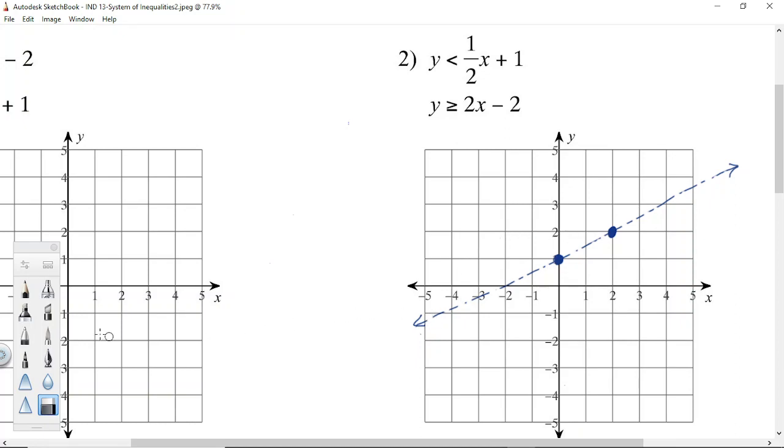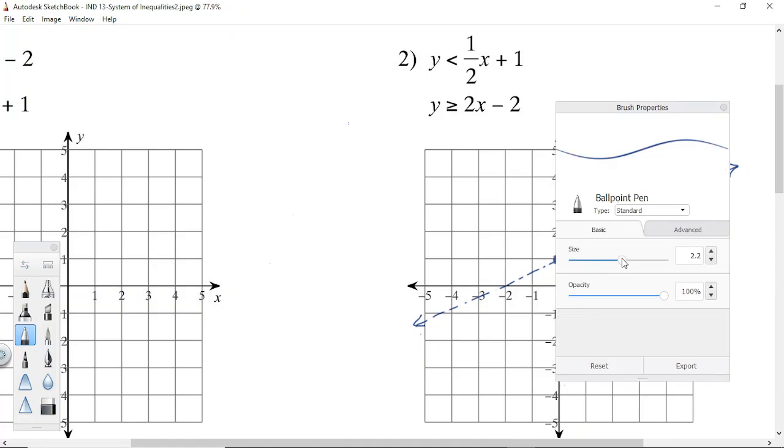And what I'm going to try to do is shade this with a fine, and this is pretty fine already, but can we make it a little finer maybe? There, let's try that.